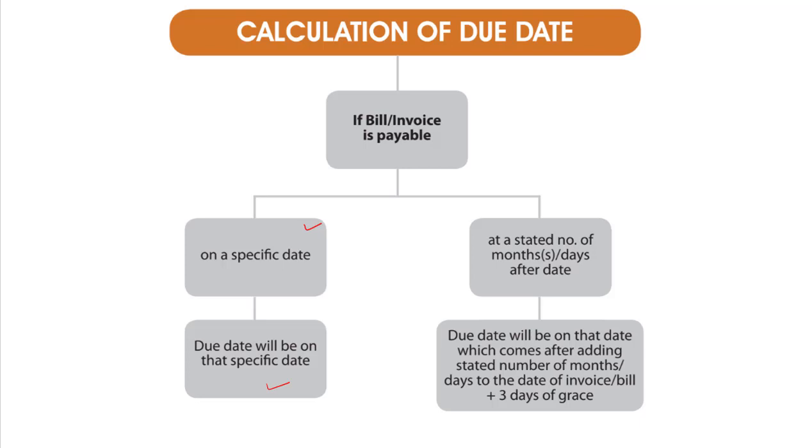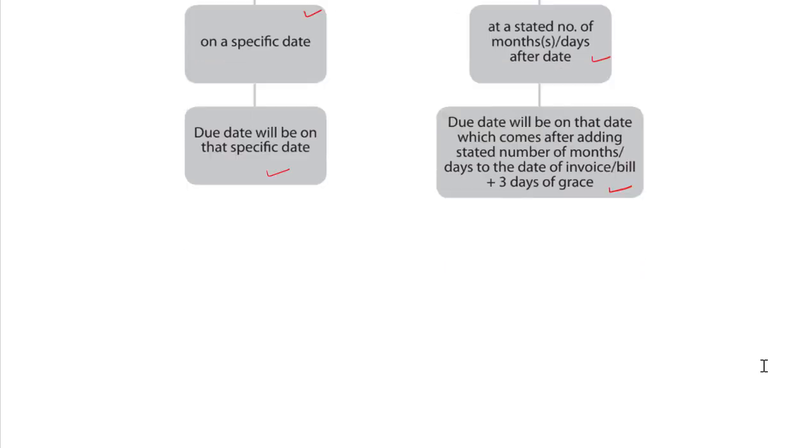At a stated number of months or days after date, due date will be that date which comes after adding the stated number of months or days to the date of invoice plus 3 days of grace. Grace is applicable on bills, that is bills of exchange or promissory notes.